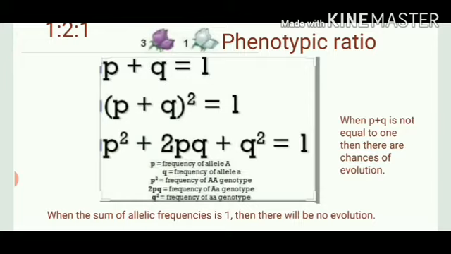If you want to show tallness and dwarfness characters of Gregor Johann Mendel, then you can also write capital T here. These are only for reference, either A is taken, T is taken or P is taken. It depends upon which kind of characters we are showing. But just one thing you have to remember, when you write p, small p, that will be the frequency of dominant allele only.